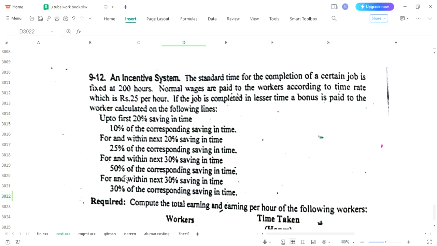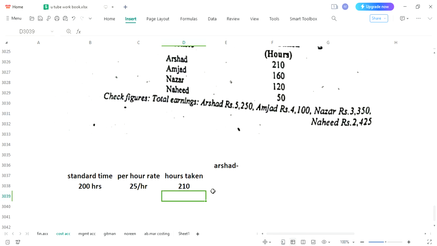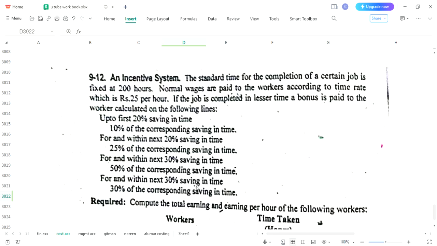It means it is a gradual increase. It would not be fixed for every worker. If a worker has not saved anything, like the first worker, there is no time saving, so we will not apply any part of this bonus scheme, as it is meant for workers who have saved time.